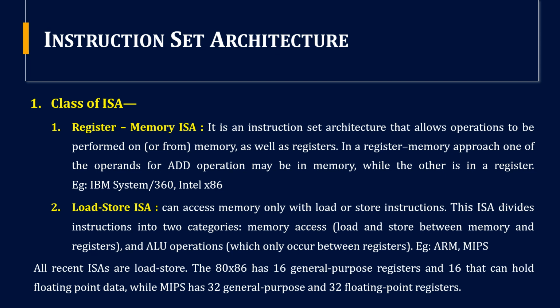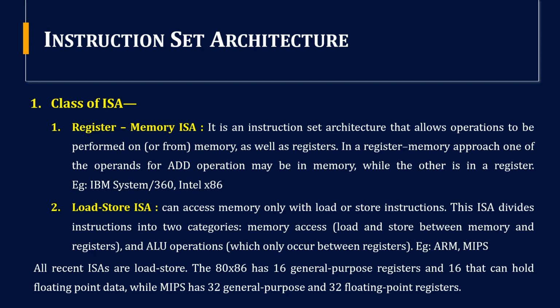To access the memory, load and store instructions are used to transfer data between the memory and the registers. And to perform ALU operations, the operands should be in the registers. ARM and MIPS belong to the load store ISA architecture.